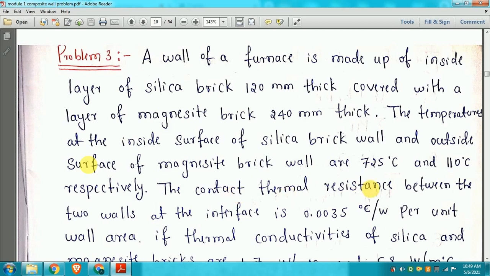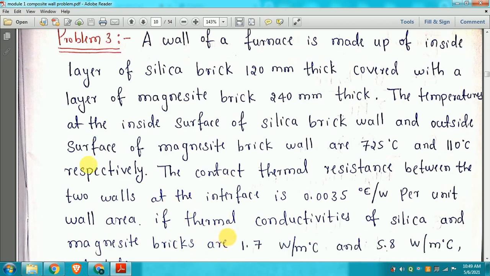The thermal contact resistance between the two walls at the interface, the value itself is given: 0.0035 degrees Celsius per watt, per unit wall area, that is per meter square.